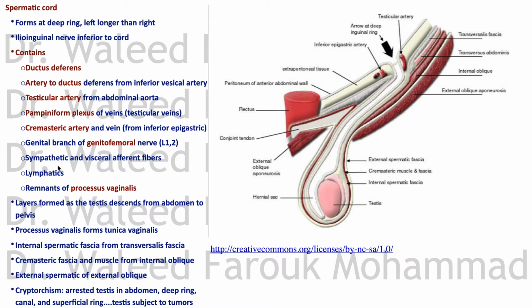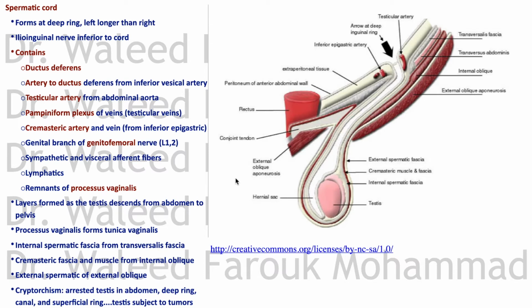Then the sympathetics and lymphatics around the coverings of the cord and around the vessels supply the cord and the testicles, and the remnants of the processus vaginalis.